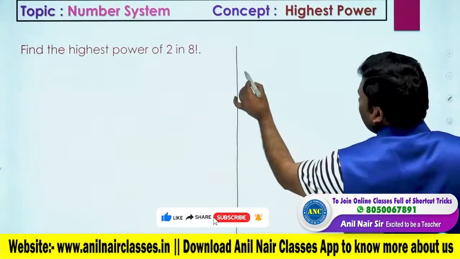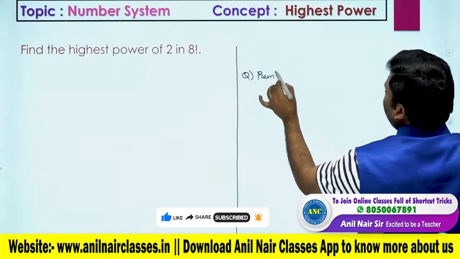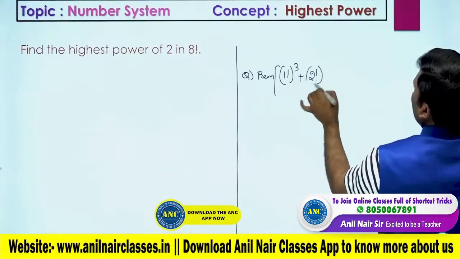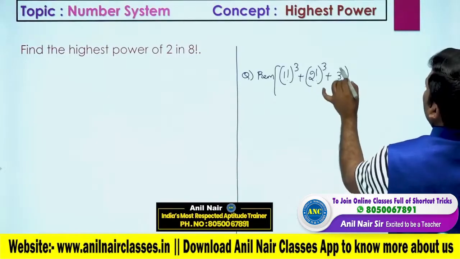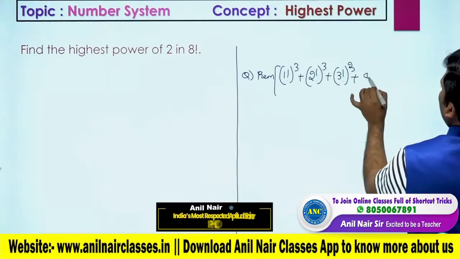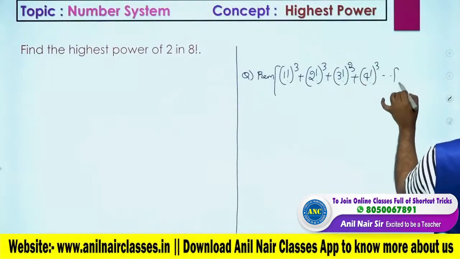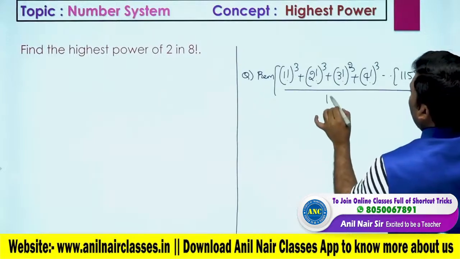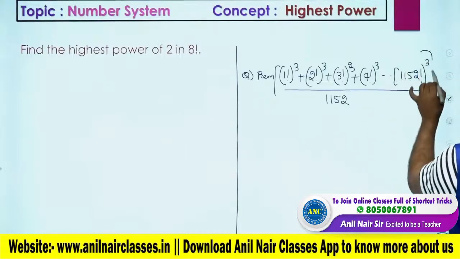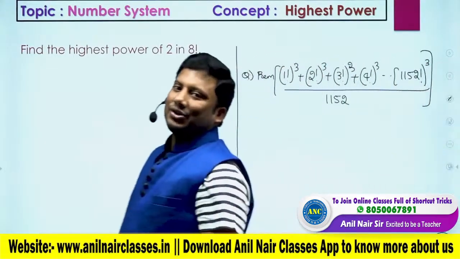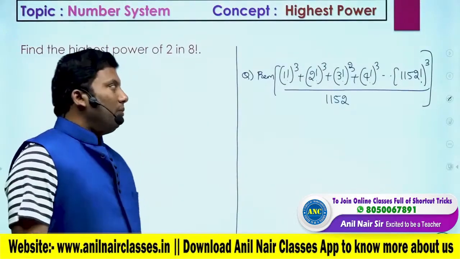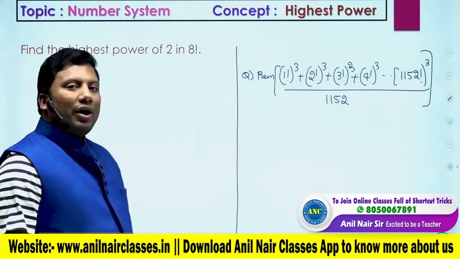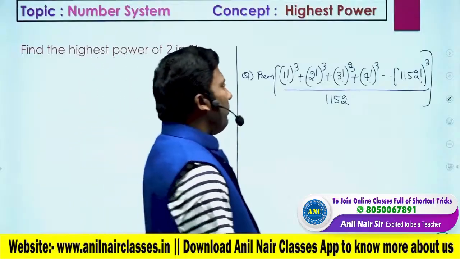The question goes like this: 1 factorial whole cube plus 2 factorial whole cube plus 3 factorial whole cube plus 4 factorial whole cube and so on up to 1152 factorial whole cube, divided by 1152.